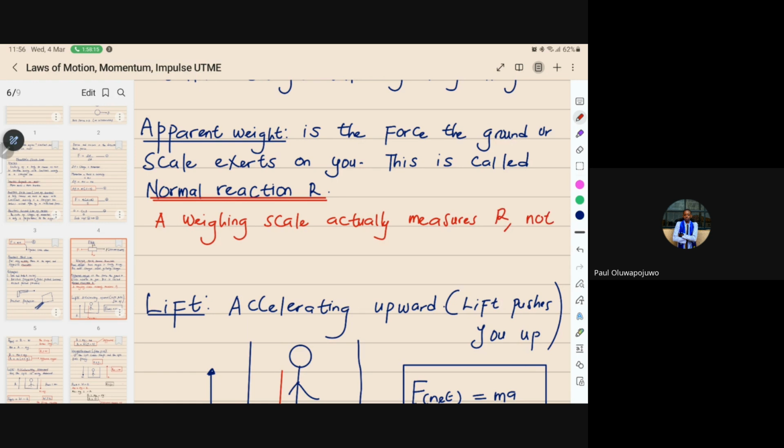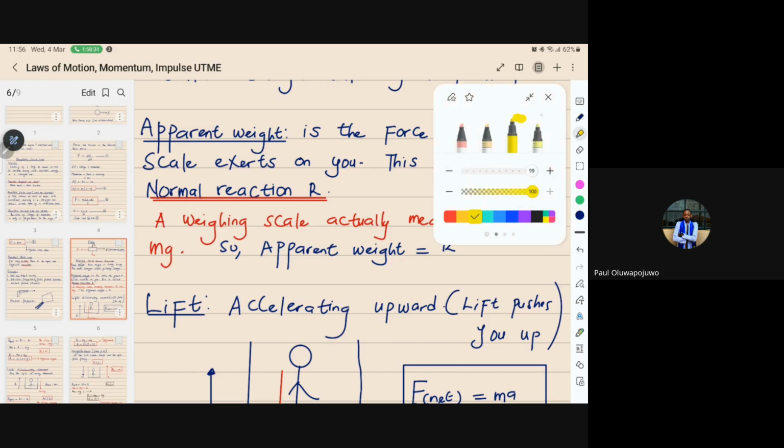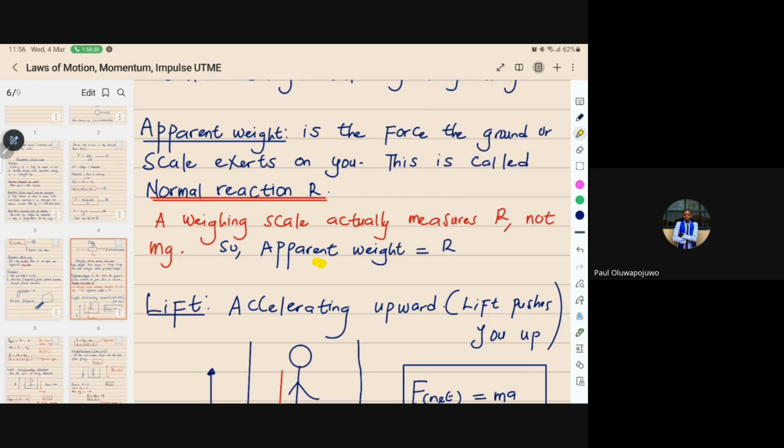Not mg. So apparent weight, which is what your weighing scale measures, is equal to R, which is what your scale measures, right?